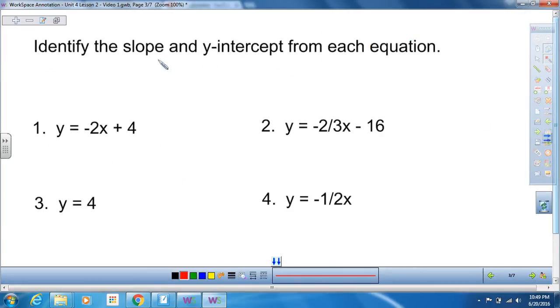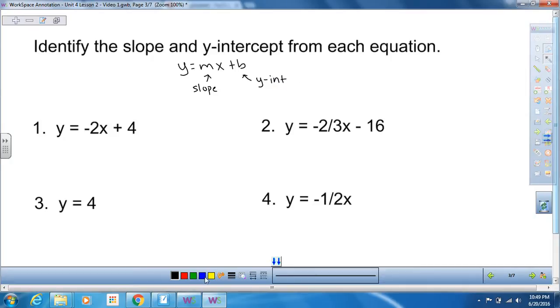Alright, so I want to identify the slope and y-intercept from each equation. So let me write our form again. So mx plus b, where m is the slope, and b is the y-intercept.